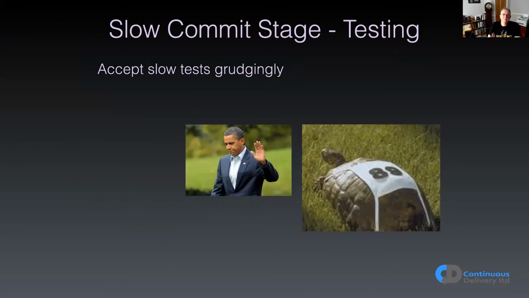If something gives you the 80% confidence but is slow to run, as long as it's not too slow, it may be useful, but it's got to pay for itself. It's got to be really important. It's got to pay for a really common cause of failures or something like that.